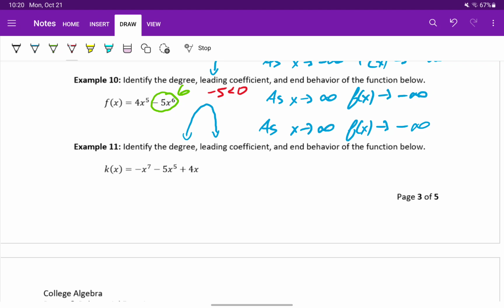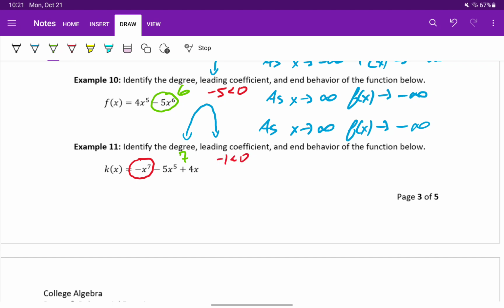Then for example 11, our leading term is back in the first position, but we always want to make sure we're looking through all the terms for that highest power. Negative x to the seventh, meaning we have a seventh degree polynomial with a leading coefficient of -1, which is less than 0.